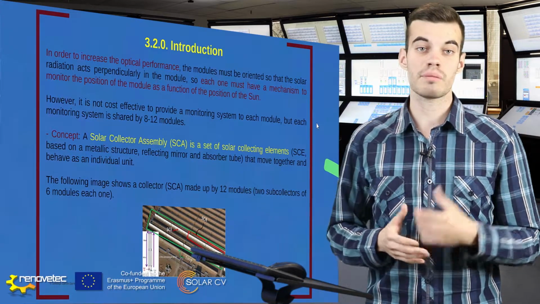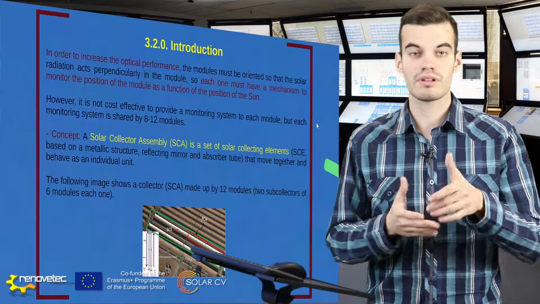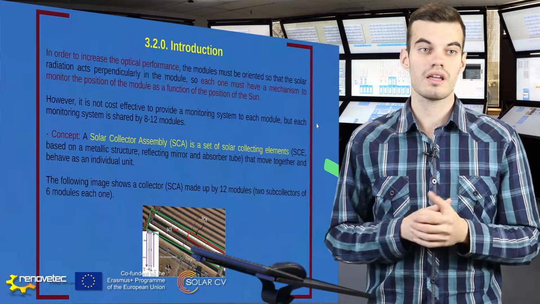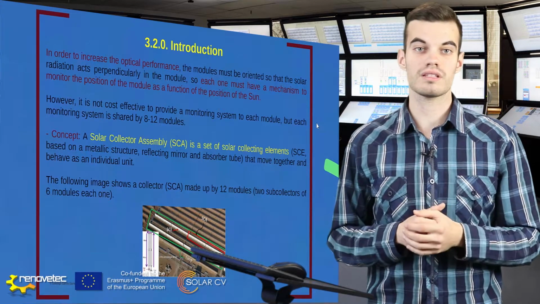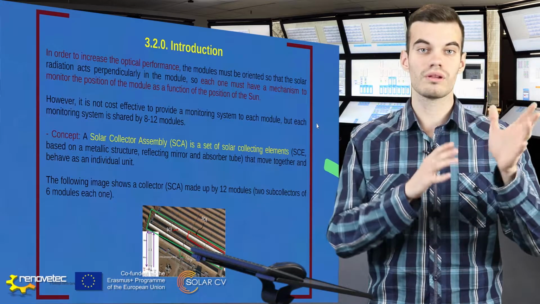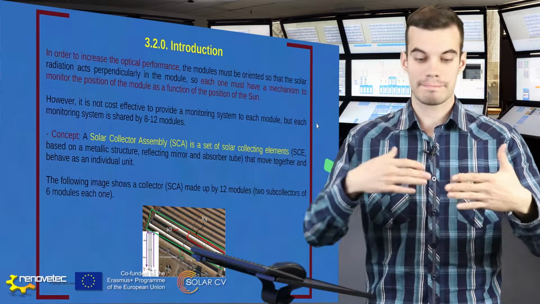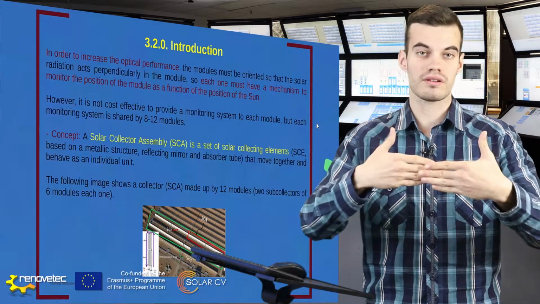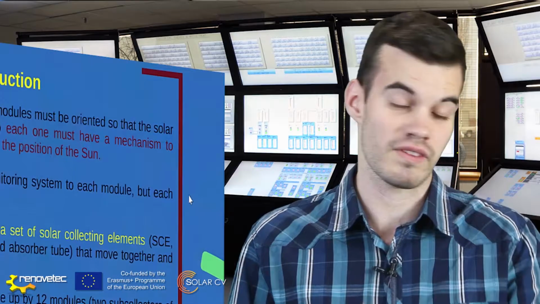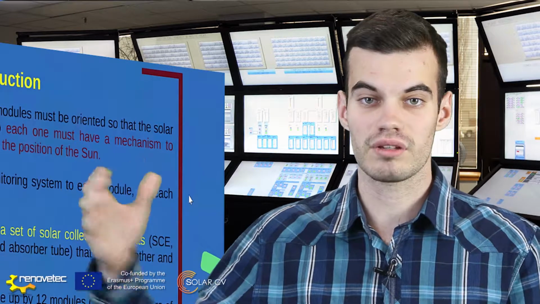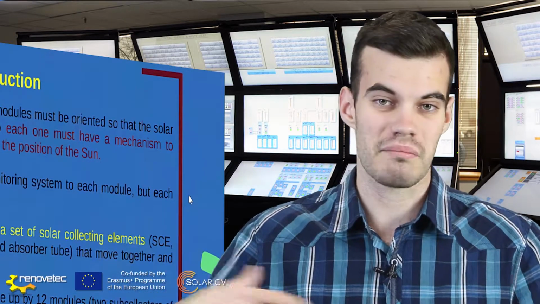In order to increase the optical performance, each module has a tracking system which helps it follow the sun throughout the day, because the normal vector of the surface of the parabolic trough and the vector of the solar ray must match.